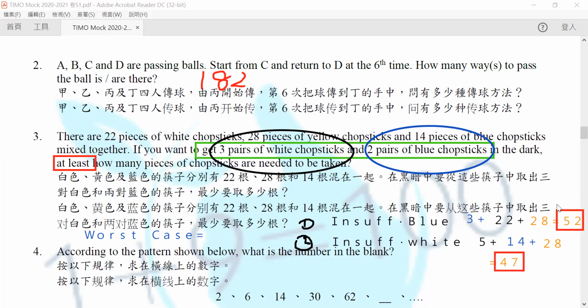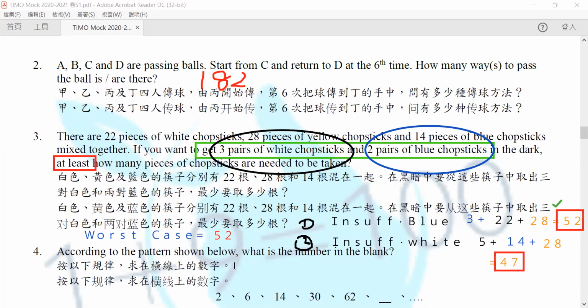Of course 52 is bigger. So we know that the worst case scenario is actually 52, which means that we can take 52 chopsticks and we do not get 3 pairs of white chopstick, and we don't get 2 pairs of blue chopstick.